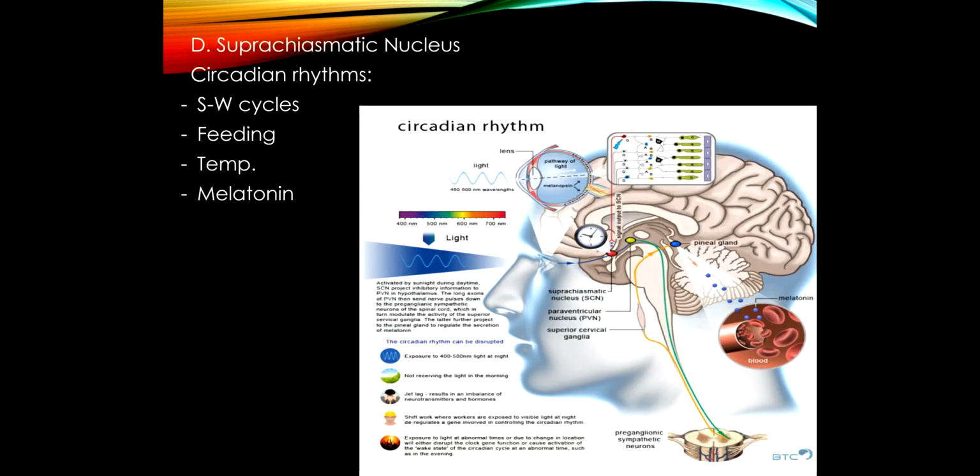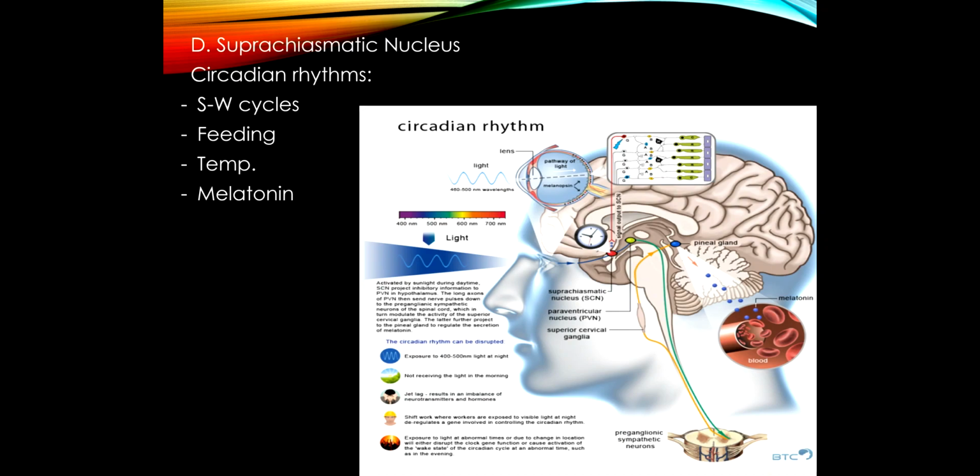Now the suprachiasmatic nucleus, which we see right here, is kind of the biological pacemaker, and it sets the circadian rhythms. And circadian rhythms are extremely important in setting sleep-wake cycles, determining when we're hungry, temperature regulation, and also the production of melatonin.